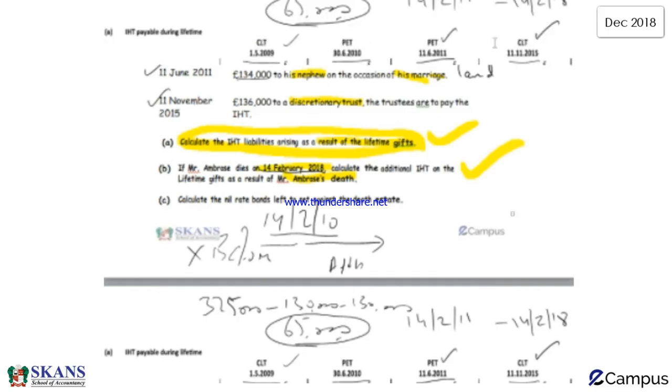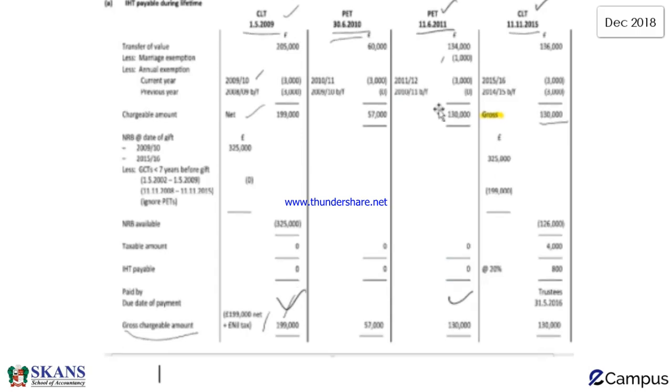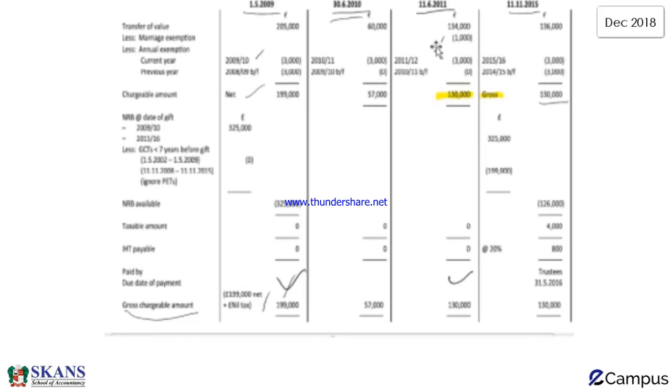When Ambrose made this 134,000 transfer, a land was transferred. If by the date of death of Mr. Ambrose this land would increase in value, we would still be paying tax on whatever GCA we calculated. By the way, we calculated a GCA of 130,000 for that. But if the examiner says that the value has fallen, let's say it was 134,000 and now it has been reduced by the date of death, you were doing death calculations.